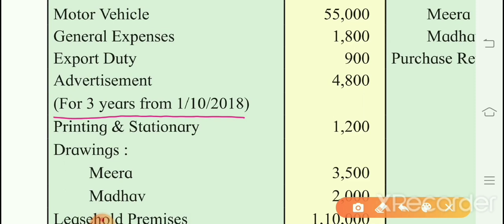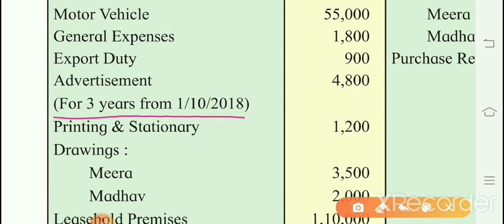So 1600 is the advertisement expenditure for our accounting year. Then we will not consider the advertisement for the whole year, because in this year we have paid the advertisement from 1st October 2018. So from 1st October 2018 to 31st March 2019 we will consider this period of 6 months.